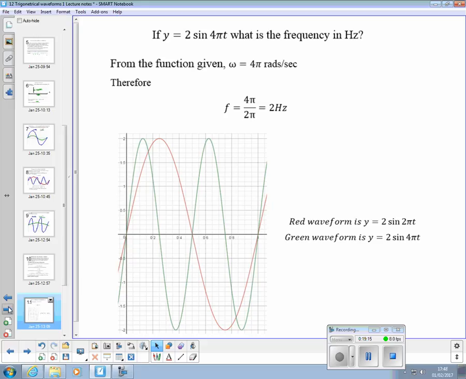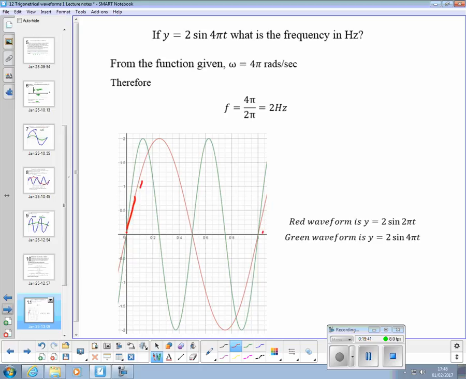On that diagram, the red waveform is y is equal to 2 times the sine of 2 pi t. Frequency is 1. The green waveform is y is equal to 2 times the sine of 4 pi t. Double the frequency. So the red one is doing 1 waveform from there to there.